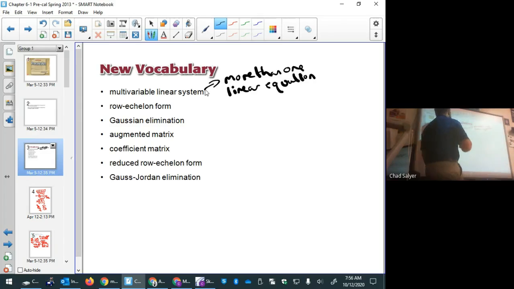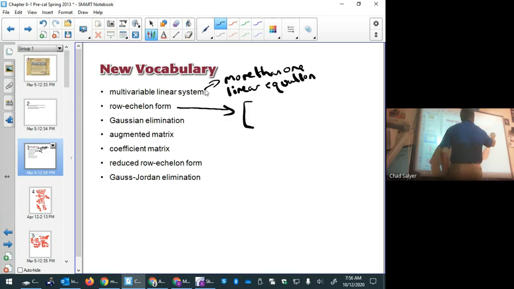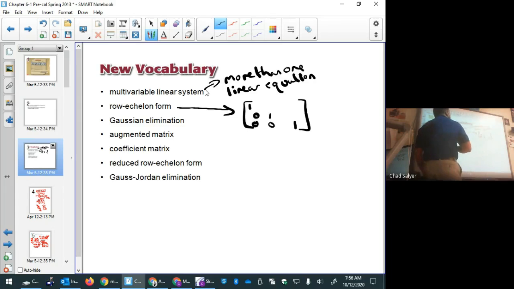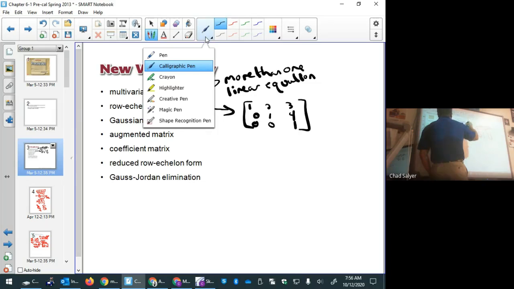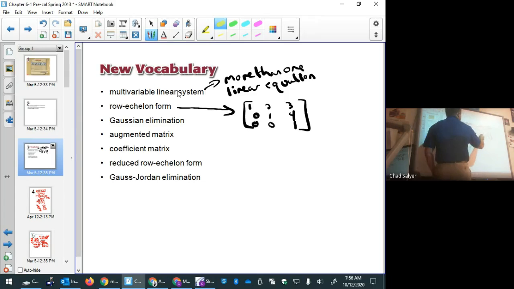Now, row echelon form is when you have a matrix that has ones on the main diagonal and zeros below, but not necessarily above. So REF, not RREF, that's a different animal. We'll get to that in a second.